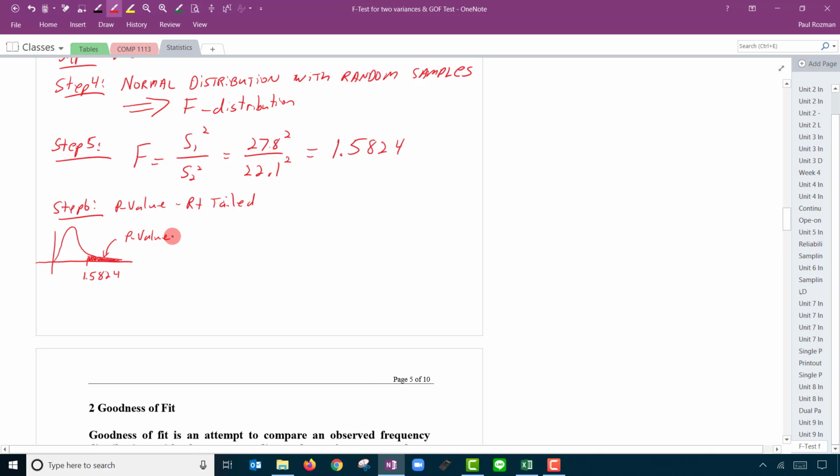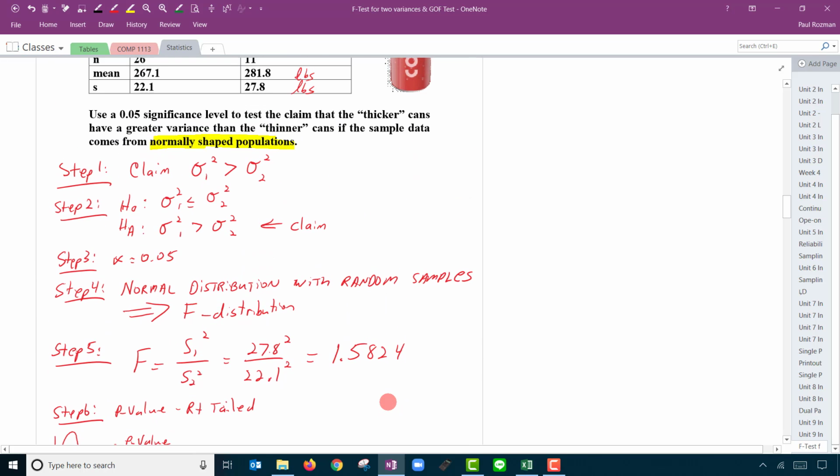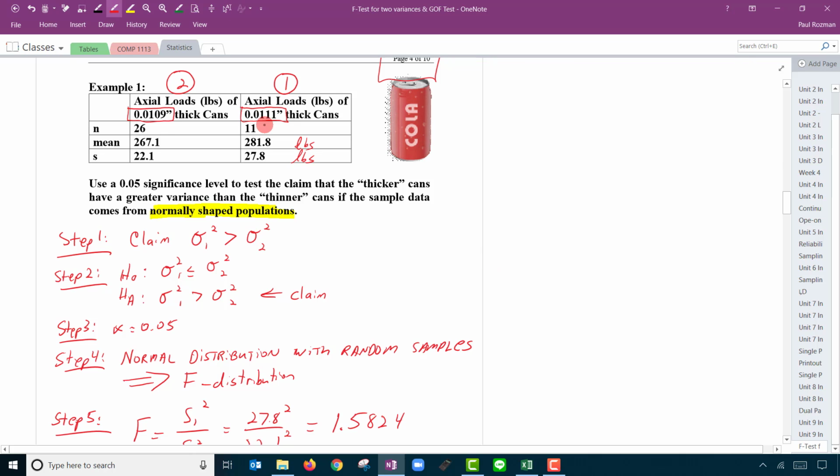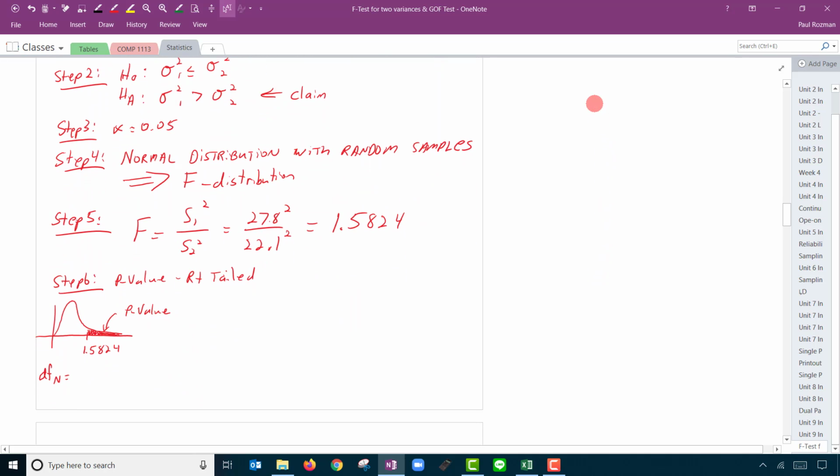In order to get it, we're going to need to know the degrees of freedom. The degrees of freedom of the numerator are n minus 1. There were 11 values in the numerator and 26 values in the denominator. So it's 11 minus 1 is 10. And the degrees of freedom of the denominator were 26 minus 1, which is 25.